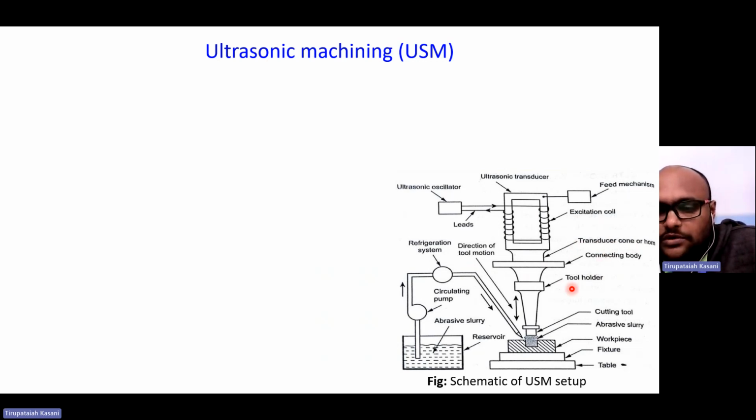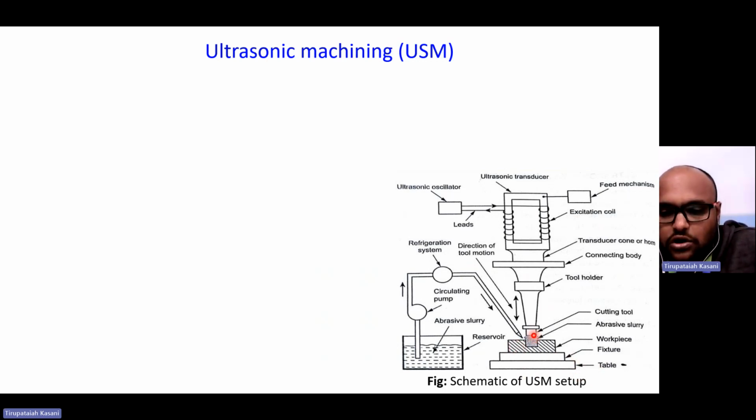The tool holder is used to hold this tool, and this is the direction of the tool motion. This is the tool, and this is the workpiece, the fixture and the table. Of course, there is a movement for the table to move in x and y directions, to move the workpiece.